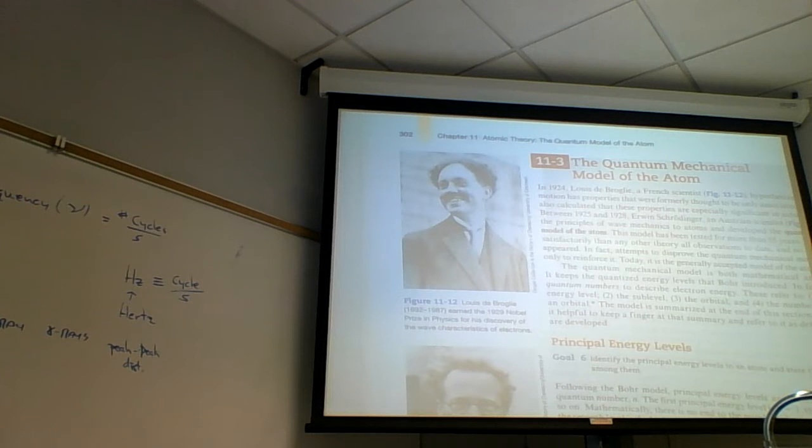The photon is thought of as a particle, although particles should have rest mass, so I'll put it in quotation marks. Particle of light. And the energy of the photon is given by h nu. H is Planck's constant. Planck was the guy who first proposed the quantization, or the forbidden and allowed energies. Nu is the frequency, which is equal to c over lambda, so E equals hc over lambda.